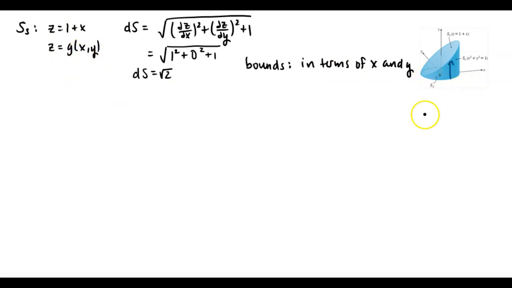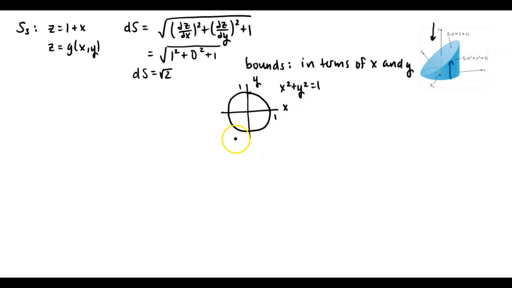If we want our bounds in terms of x and y, then I'm going to see what's happening along the xy plane. Along the xy plane, this upper surface, although this is a plane, it's still bounded by this cylinder, x squared plus y squared equals 1. So if we were to look at this from above, the view we would see, the projection onto the xy plane, would look like a circle with a radius of 1. The circle is going to be x squared plus y squared is equal to 1.